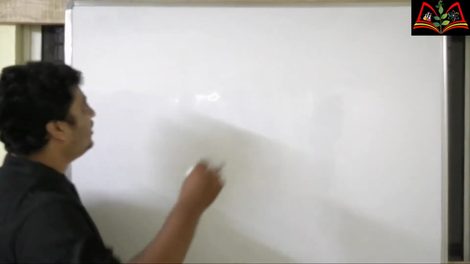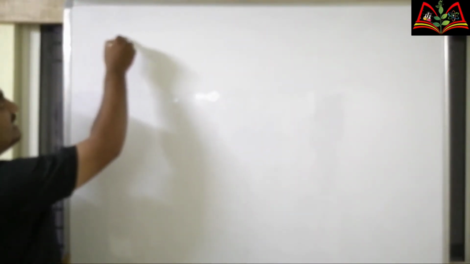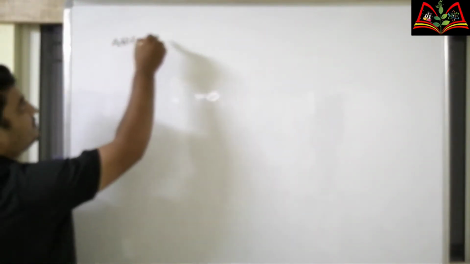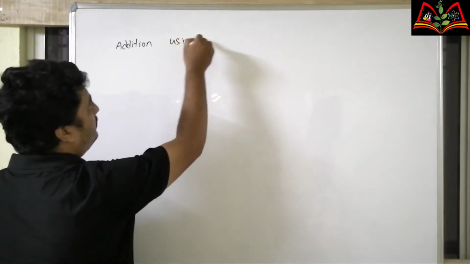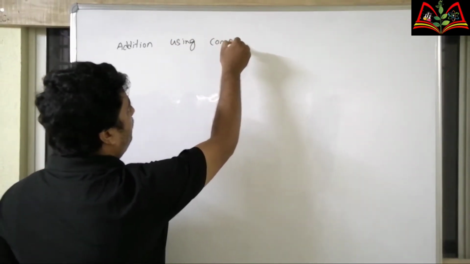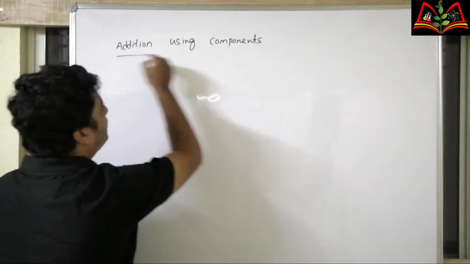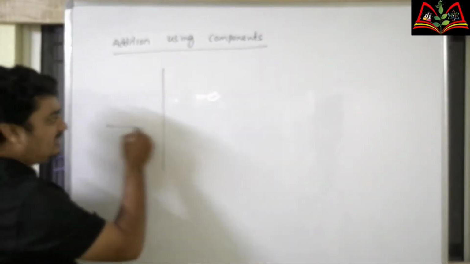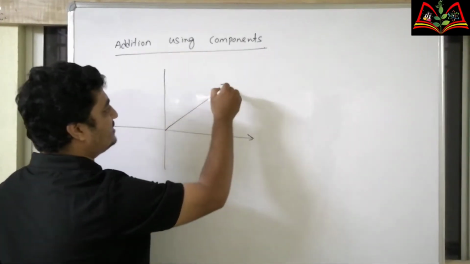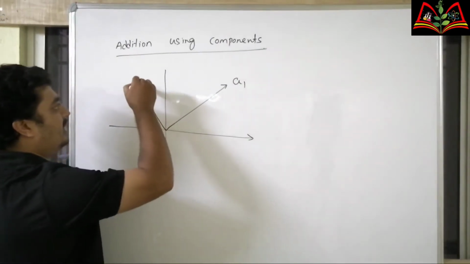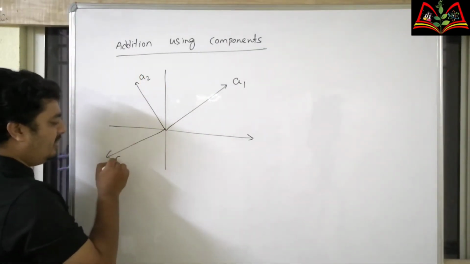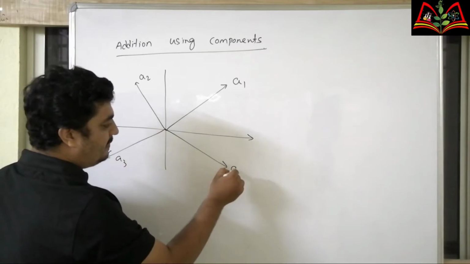So next we will go for addition using components. So let us consider there are a number of vectors A1, A2, A3 up to An.